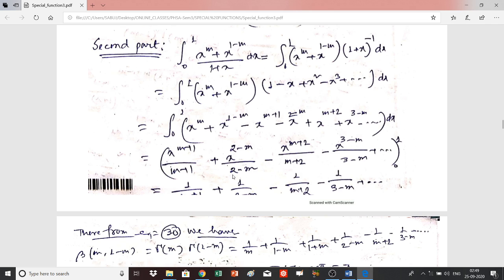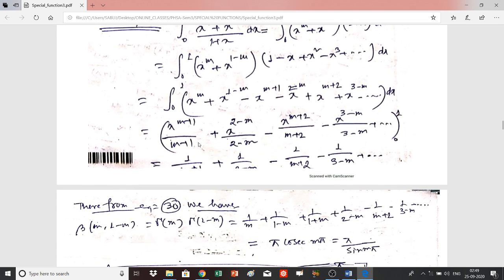If you use the limit 0 to 1, then first from here you will get 1 by n+1, and from here 1 by 2-n, and from here 1 by n+2, from here 1 by 3-n. The first term is 1 by n+1, the second term is 1 by 2-n, the third term is this, and the fourth term is this, and so on.